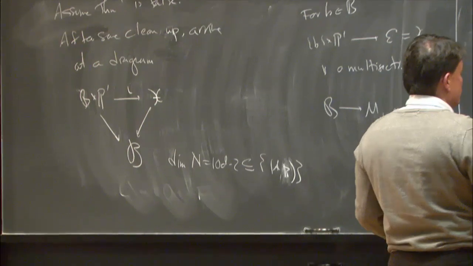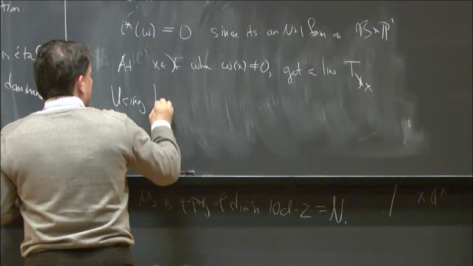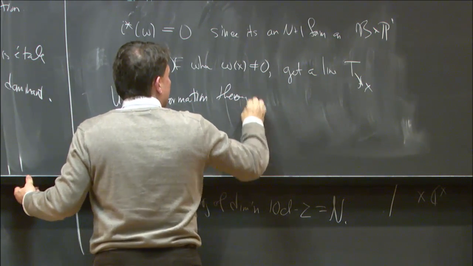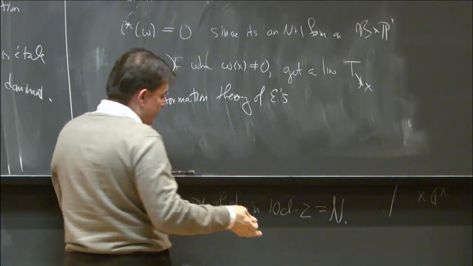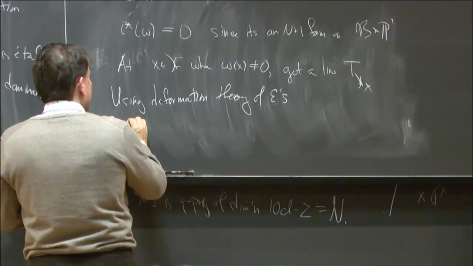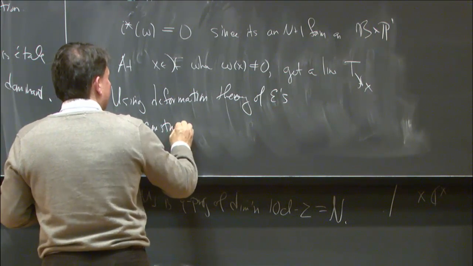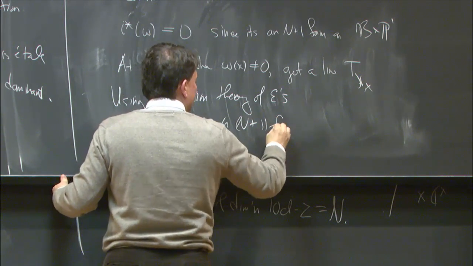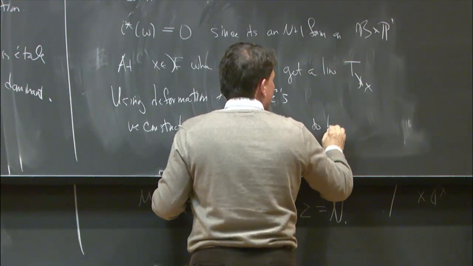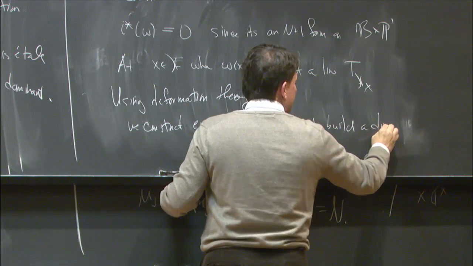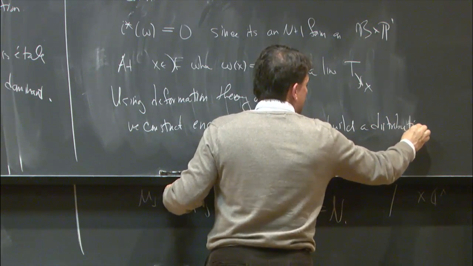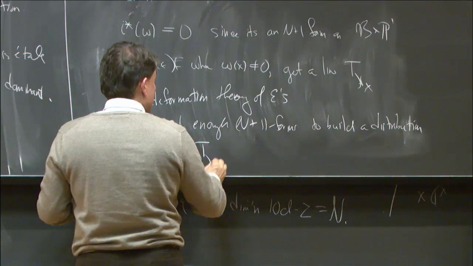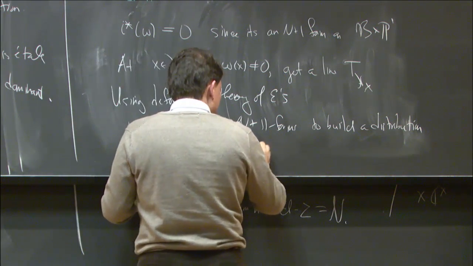Okay, so using some deformation theory, which is very well understood in this situation by some work from the 80s, deformation theory of E's, which is quite concrete because you're just deforming these polynomials A and B, we construct enough n plus 1 forms to build a distribution. This is just the thing that's spanned inside the tangent space by all those lines I was talking about, D. So this lives inside the tangent space to X, and it has rank n.